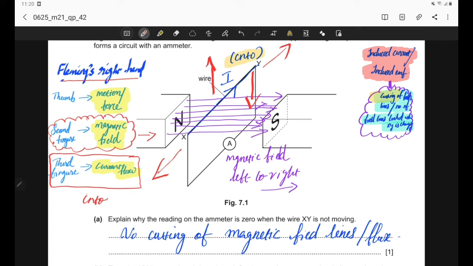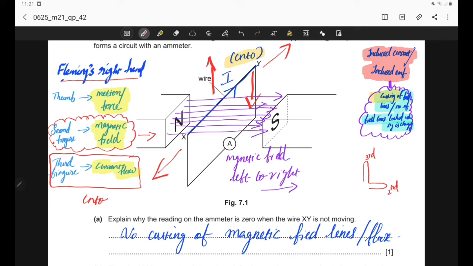So you have to hold your right hand where the third finger should point into the page, and the second finger should point towards the right side, as it represents the magnetic field. So this should be the third finger and this should be the second finger.